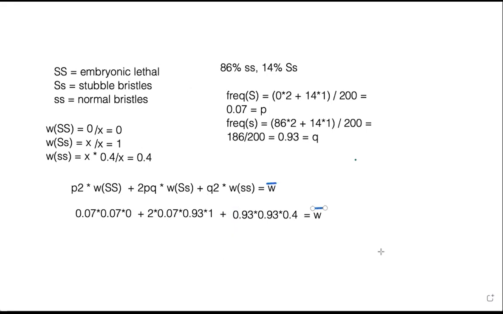All right, so we can plug and chug. 0.07 times 0.07 times 0 is, of course, equal to 0. So that's 0, plus 2 times 0.07 times 0.93 times 1 is 0.13.